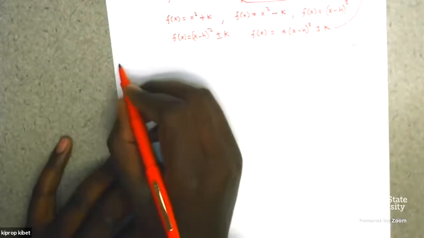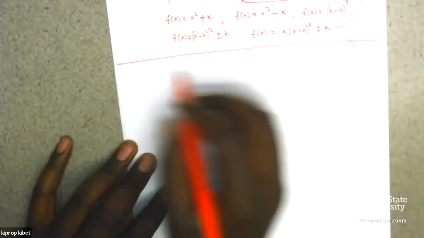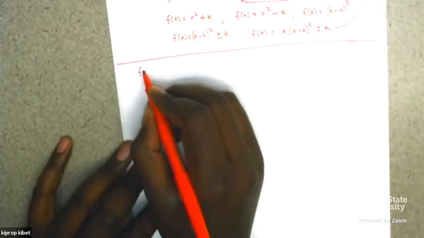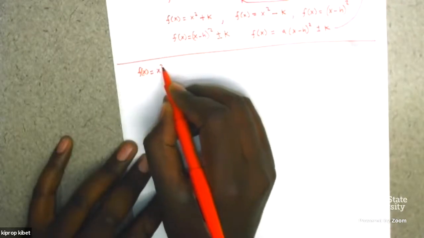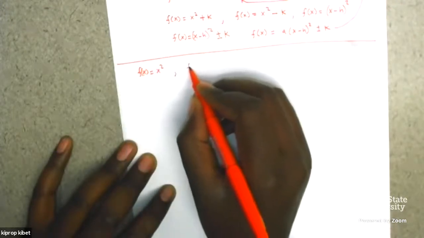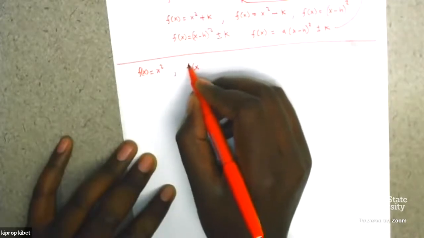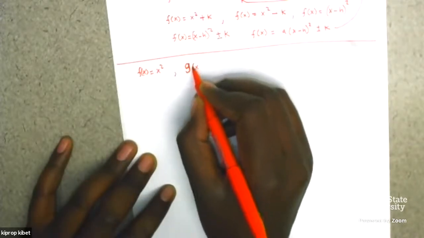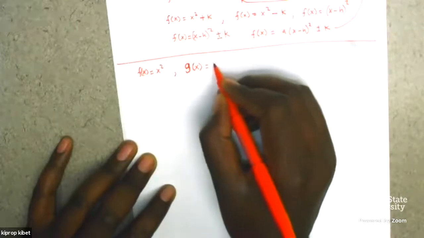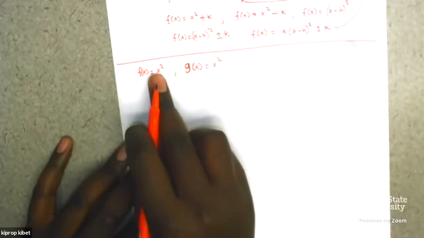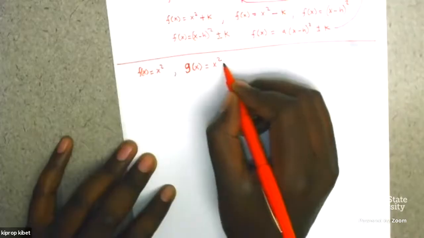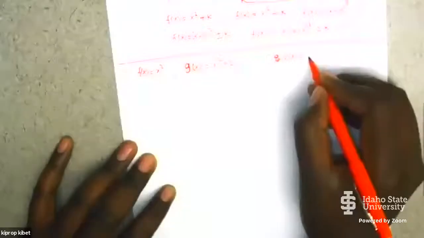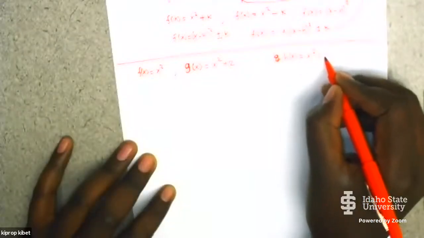Now, let's start. We have the function f of x equals x squared, and we can say g of x equals x squared when we add 2, and then h of x equals x squared when we subtract 2.